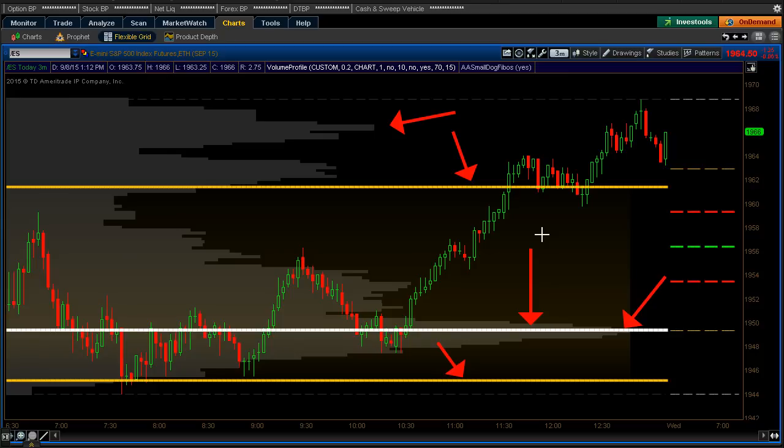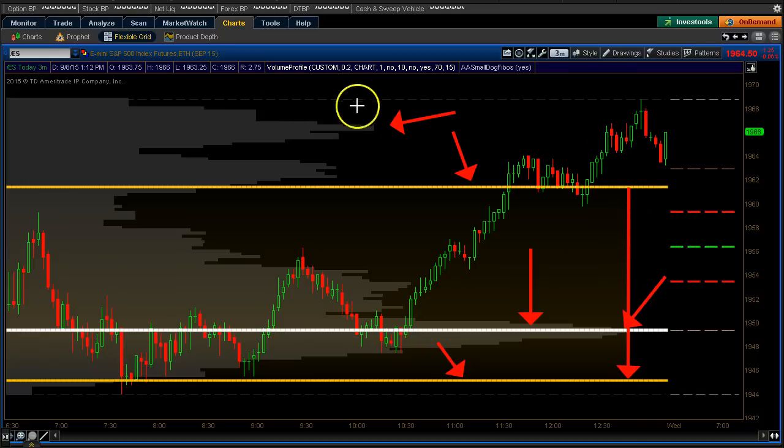They're all going to be different. But this right here is showing you where 70% of the volume has traded during that time period. So we know from here down to here, 70% of all the volume today traded within this range.